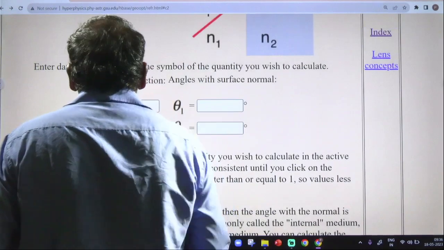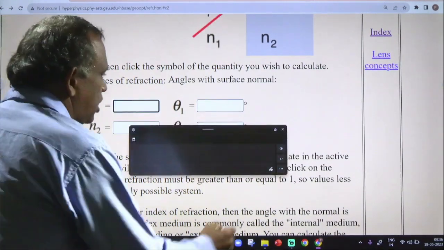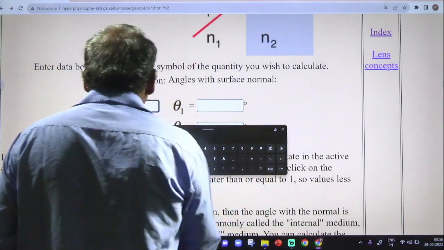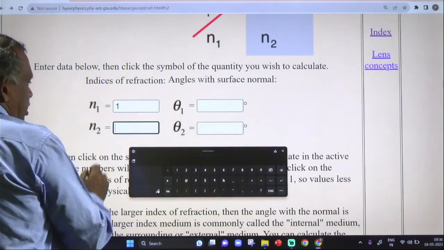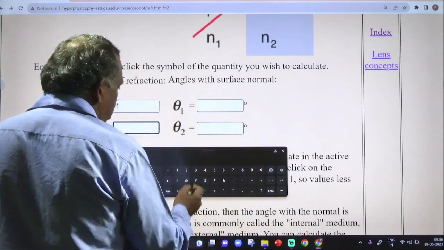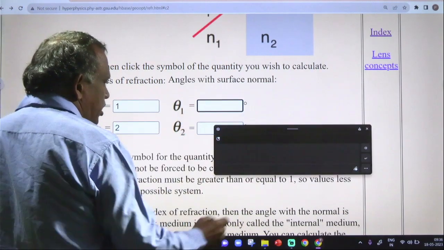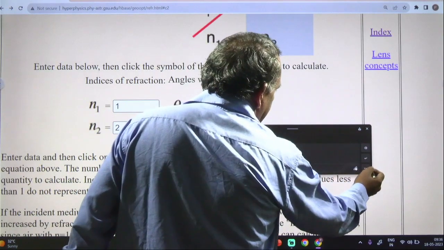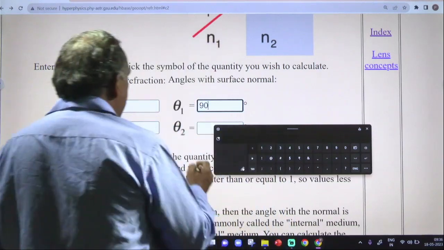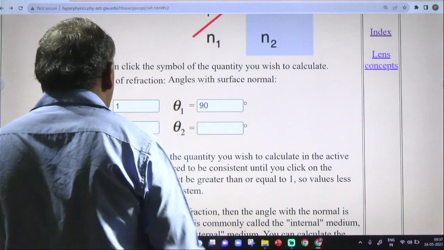For example, take n1 value as 1, n2 value as 2, and theta 1 as 90 degrees. Then what will theta 2 be?